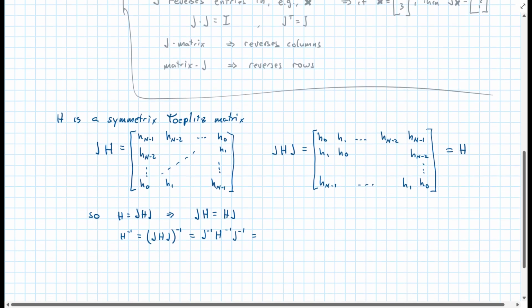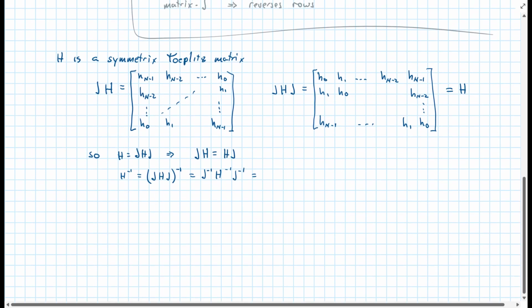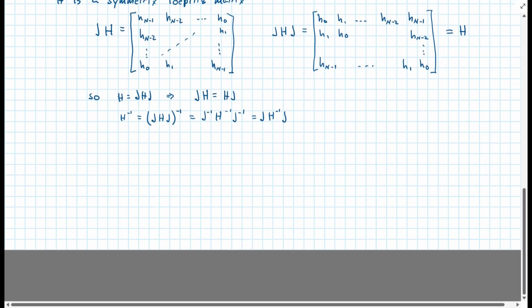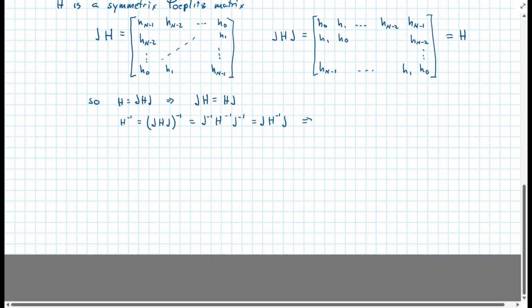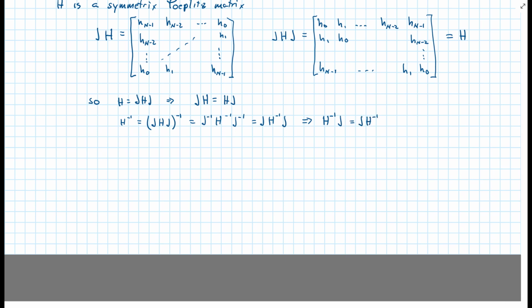We found that J times J is equal to I, so J is its own inverse. Therefore, this is J h inverse J. So we get the same property here, which is that h inverse times J is equal to J times h inverse.